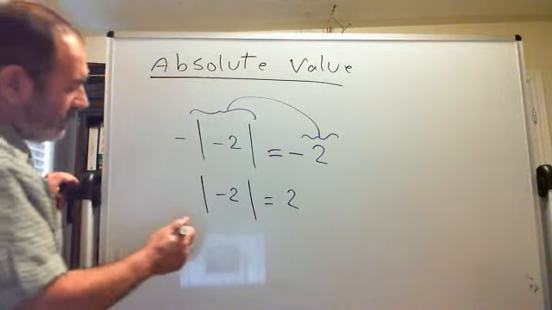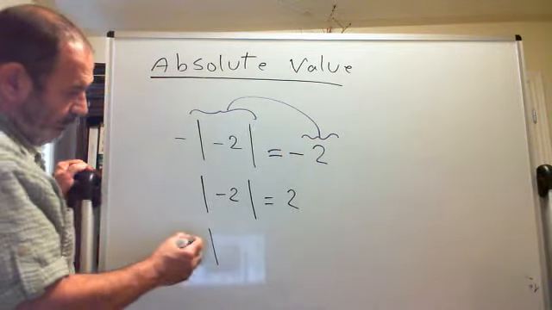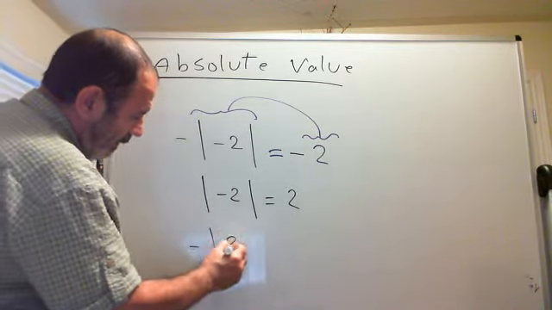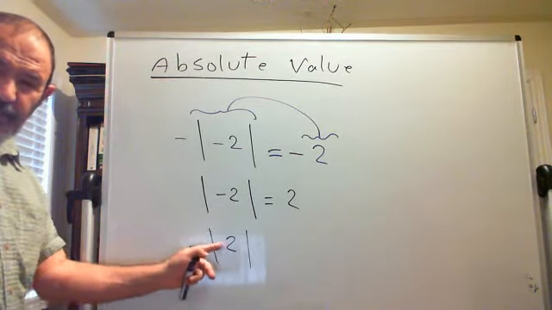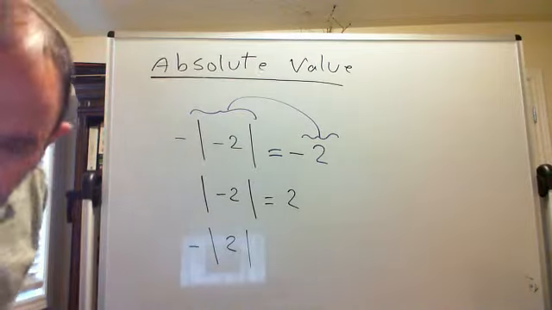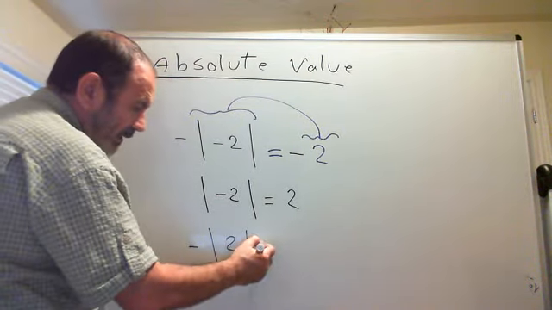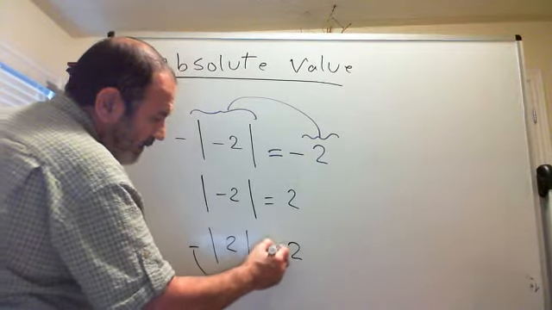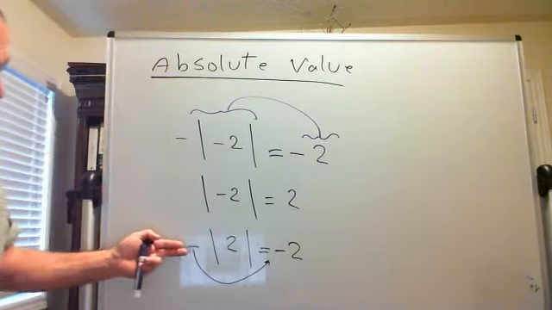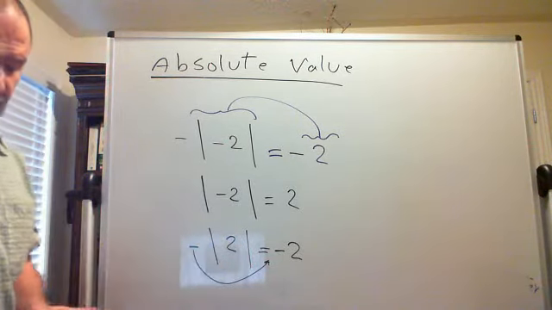And what is the absolute value of positive 2? Okay? So inside the absolute value is visible here. Inside the absolute value is positive 2. The result is going to be 2. But remember this negative transfers. So the negative absolute value of 2 is going to be negative 2.